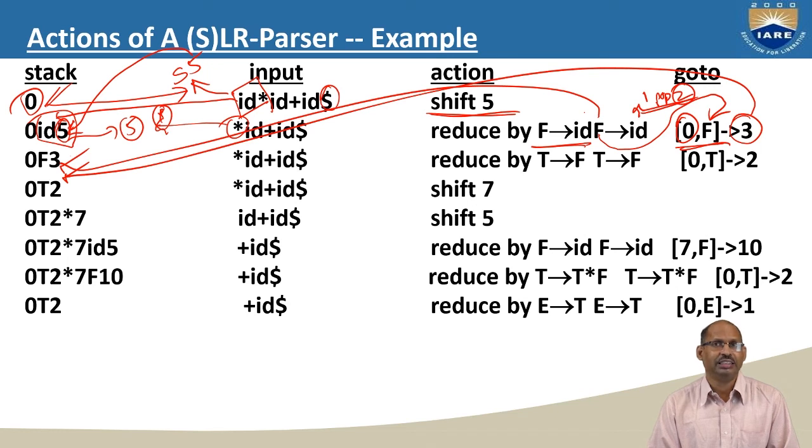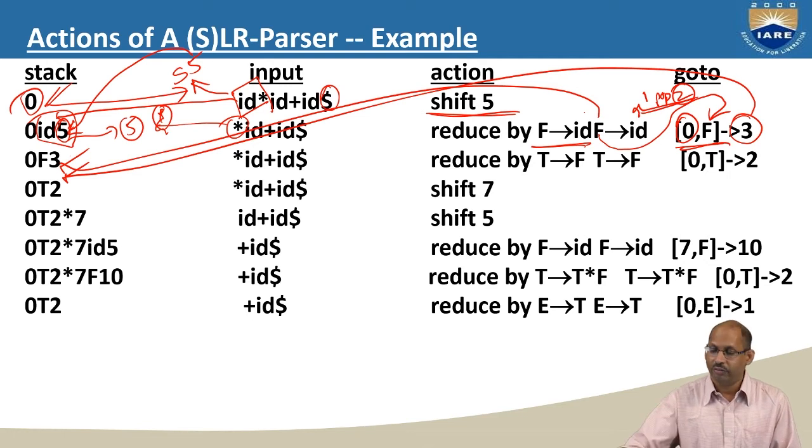Then it results in 0 as the top of the stack. 0 and F, referring to the non-terminal F with 0 on top of the stack, the goto table will result in the new state number 3. So store the F and also 3 into the stack.